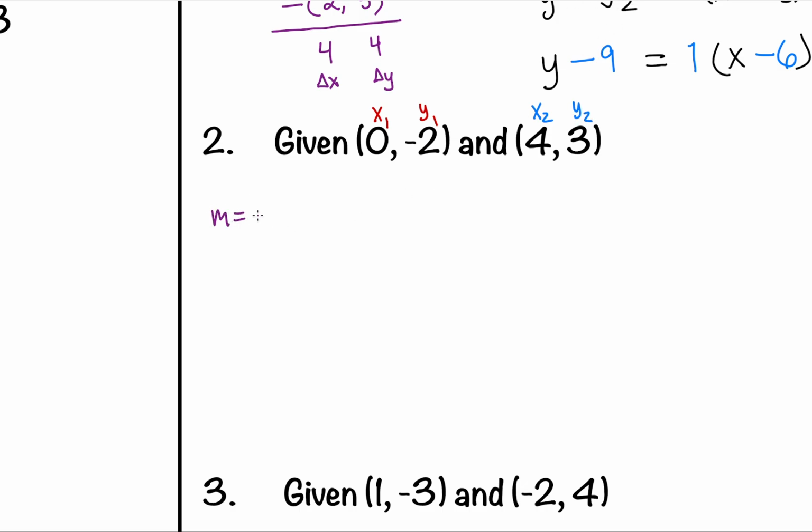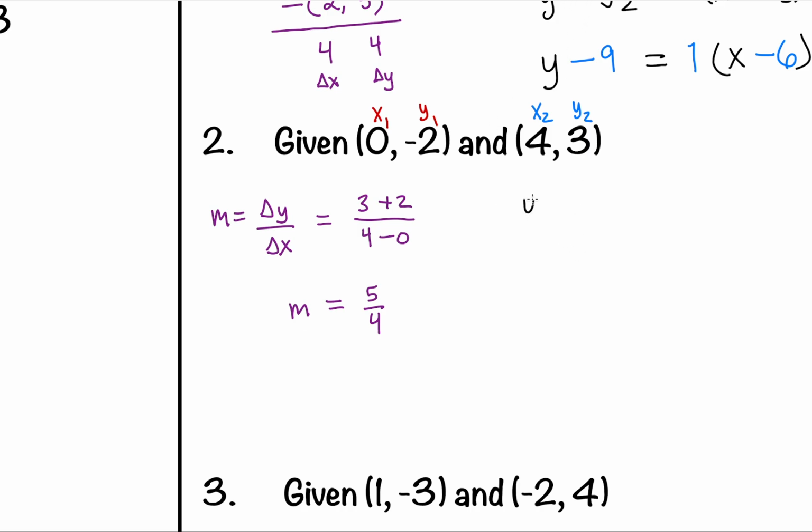So m is change in y over change in x. Let's use the actual formula this time. We're going to go 3 minus -2, so 3 plus 2, over 4 minus 0. This is going to give us a slope of 5 over 4.